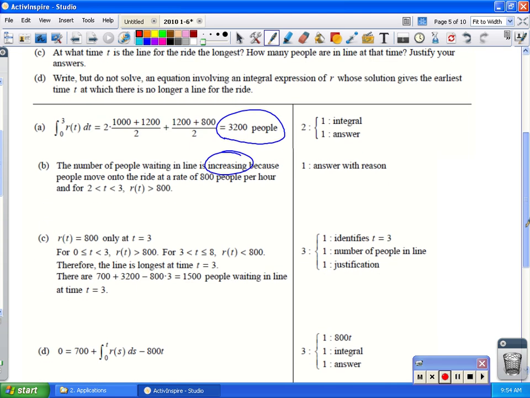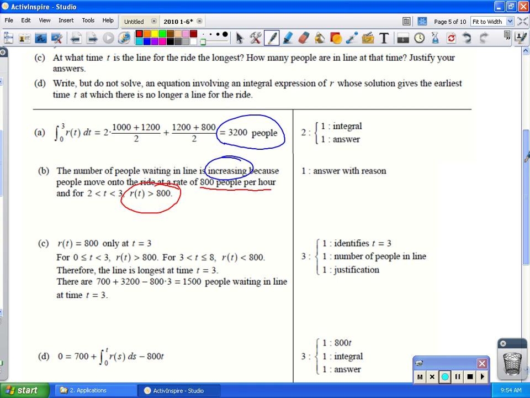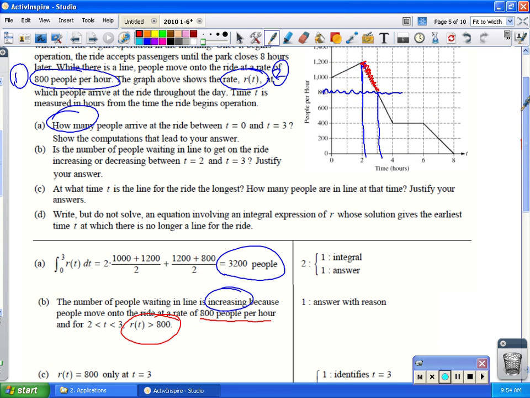So we know that the number of people waiting in line is increasing because people move on to the ride at a rate of 800 people per hour. And from 2 to 3, R of t, which is in red, is greater than 800. Okay? Part C, at what time is the line for the ride the longest?